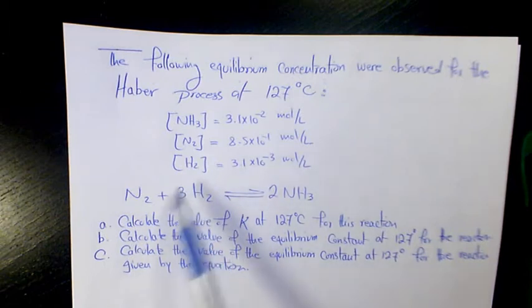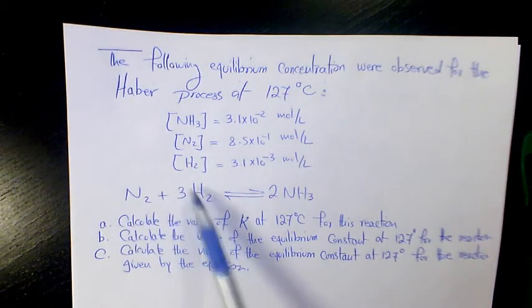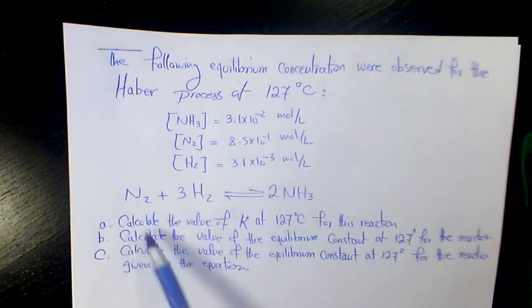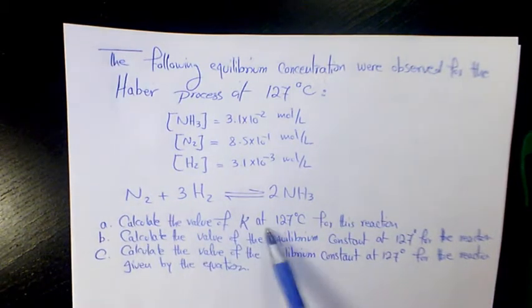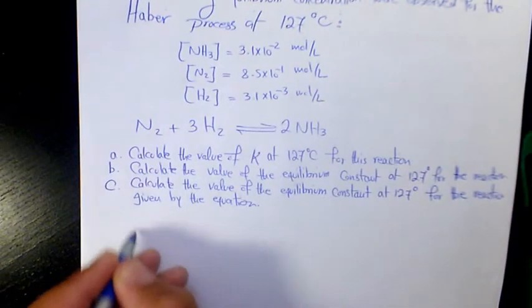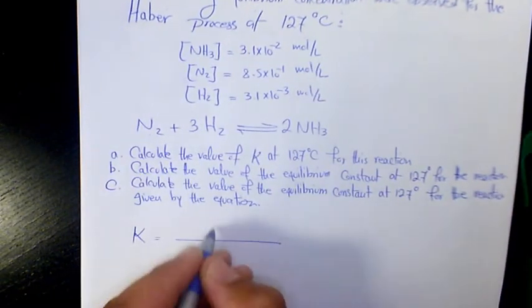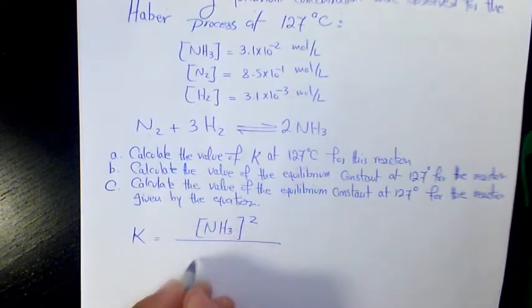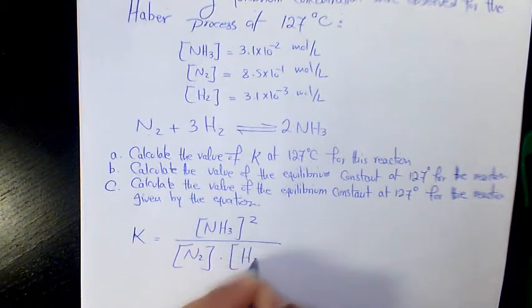And the reaction is N2 plus 3H2 gives 2NH3. It says calculate the value of K at 127 degrees for this reaction. So K is going to be NH3 to the power of 2 divided by N2 to the power of 1 times H2 to the power of 3.